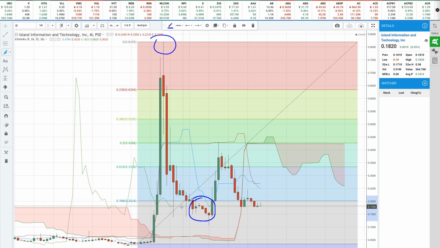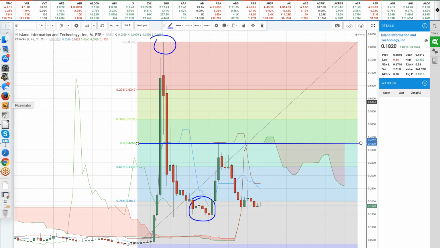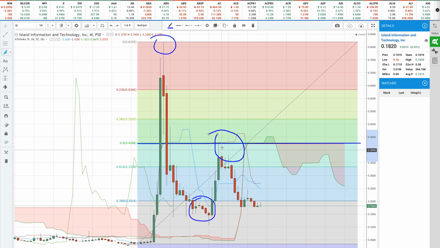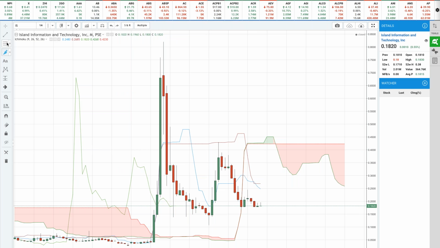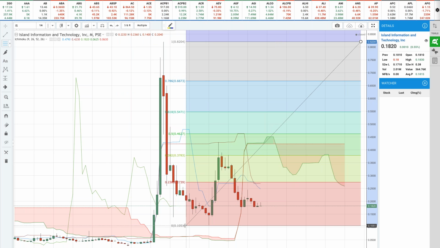It bounced near the 78 Fibo area. And when it bounced back, it found resistance at the 50% area. You can use this style of finding out where resistances are. In this area, you find a confluence of resistances. Here, Kijun plus 50%. Another way to find bounce areas is by using reverse Fibonacci levels.